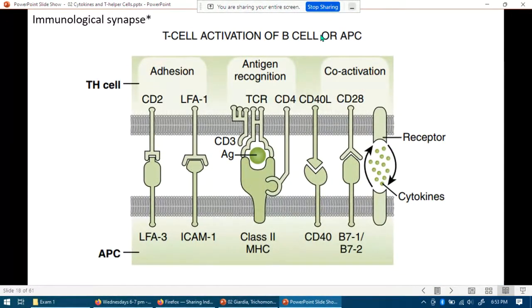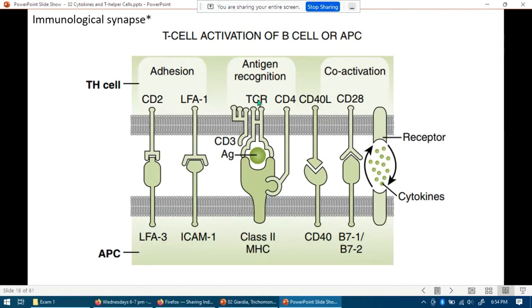And then we have the T cell activation of a B cell or professional antigen presenting cell. So the T cell is now a T helper cell. It leaves the lymph node, it circulates through the body, it enters the inflamed tissue, and it begins looking for MHC2 molecules that contain that specific peptide that it is specific for.